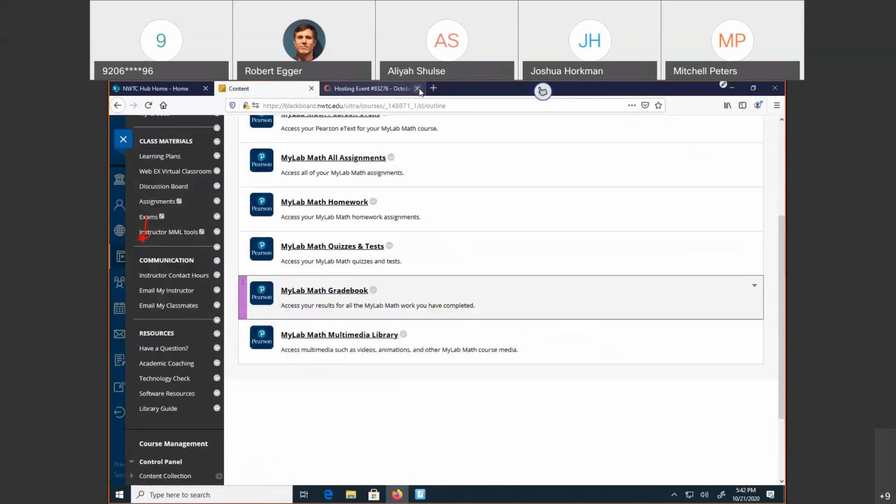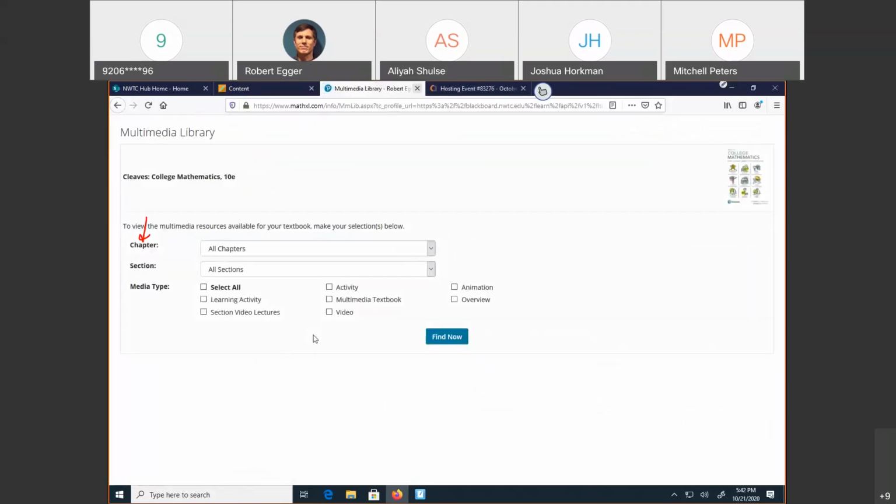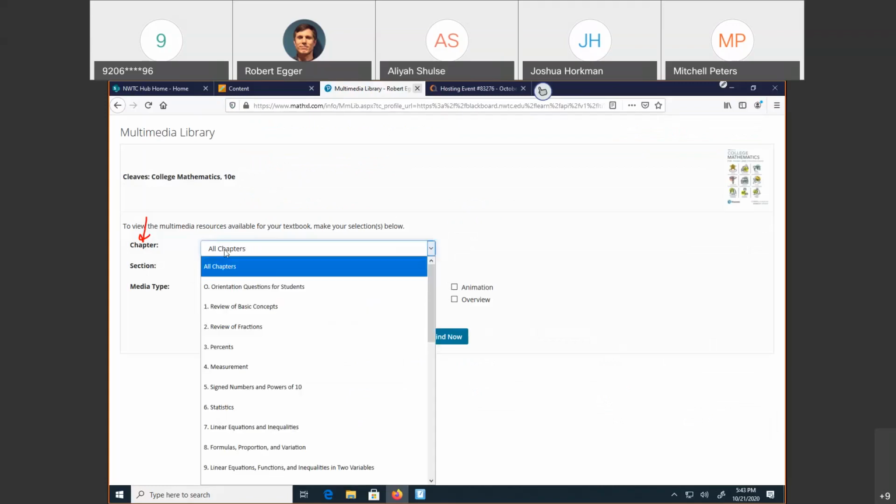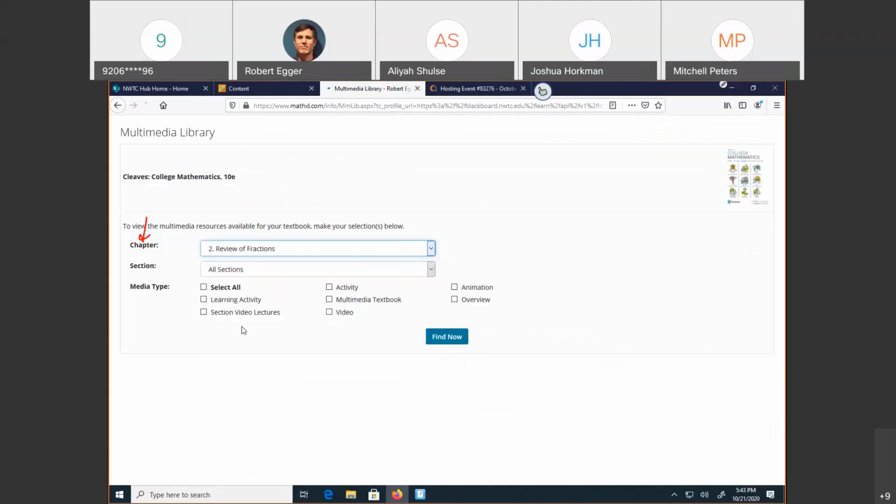But here's what I really want to get to, the multimedia library. Because it is blended, a lot of responsibility is going to be on you. Twice a week for an hour and 20 minutes, for 8 weeks, is not a lot of time. So as you're doing problems or sections, let's just look at chapter 2.